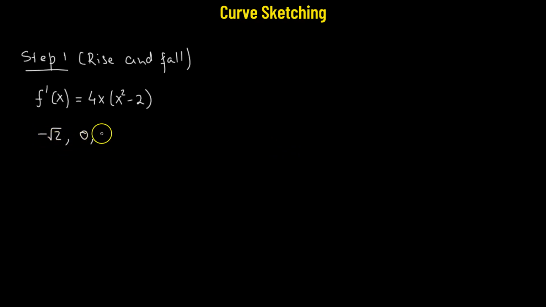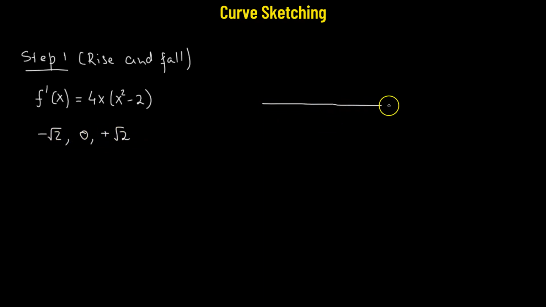Next, step number 1. This will be the rise and fall. Here we are going to check in which region the function is increasing or decreasing. So we will consider the first derivative of our function, and this was 4x multiplied by (x^2 - 2). And we had the critical values at -square root of 2, 0, and positive square root of 2.